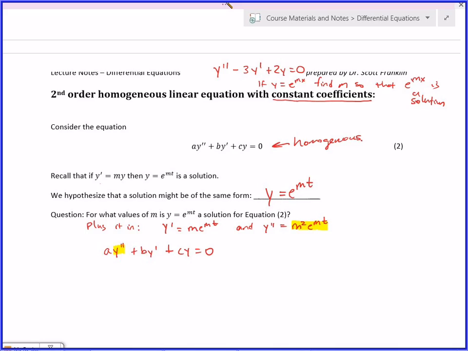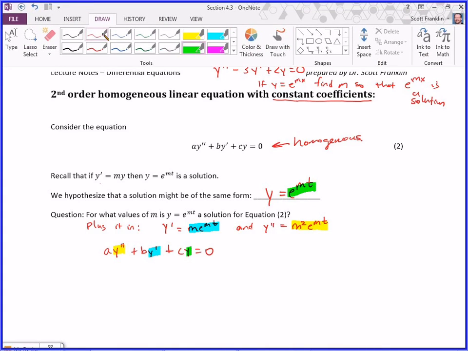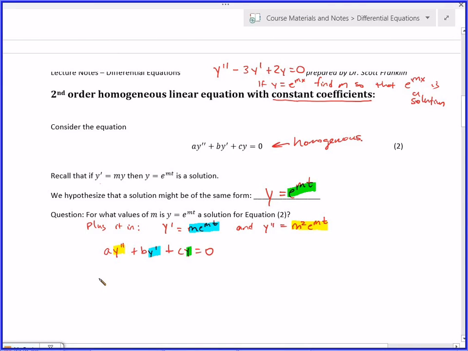I'm going to stick this in here. And I'm going to stick, of course, this in for just y. So you get a times m squared e to the mt plus b times m e to the mt plus c e to the mt equals 0.